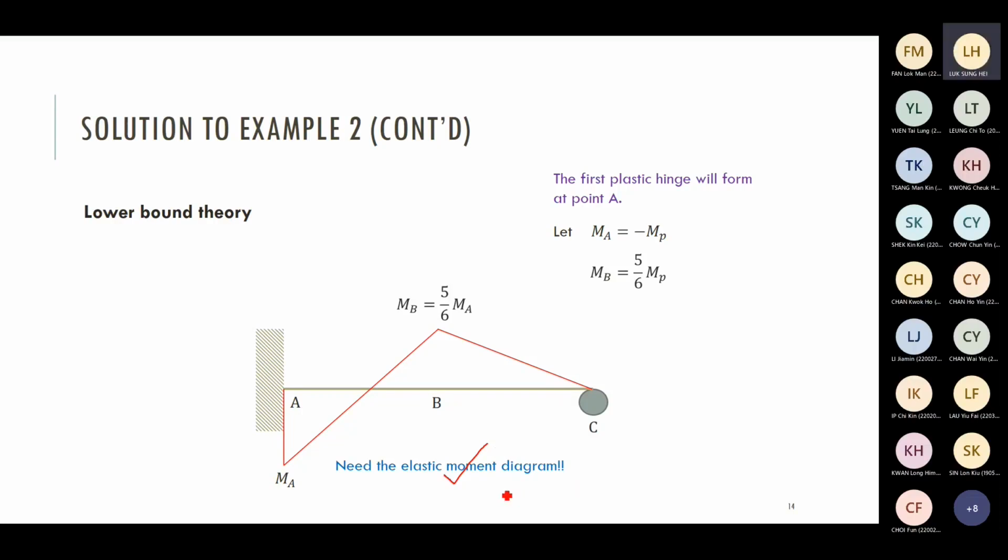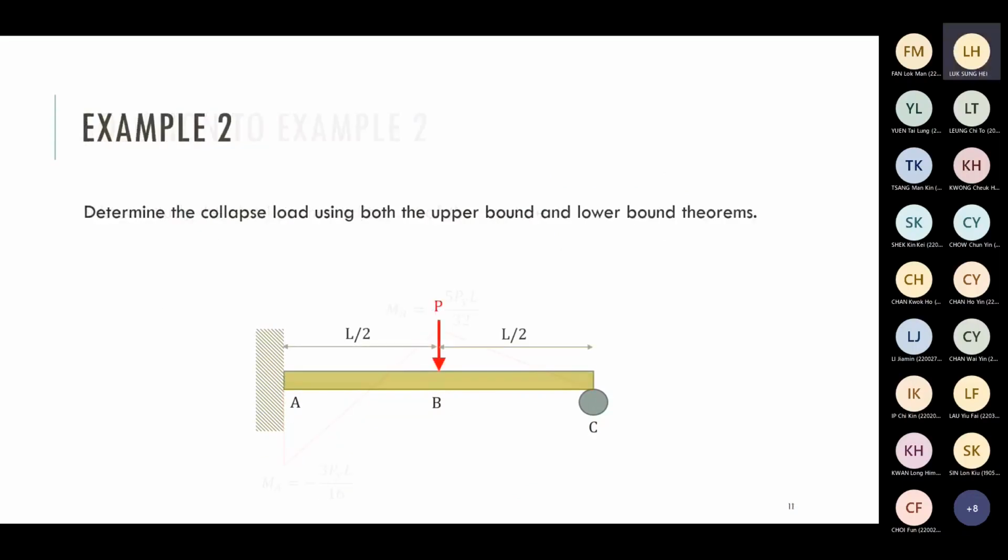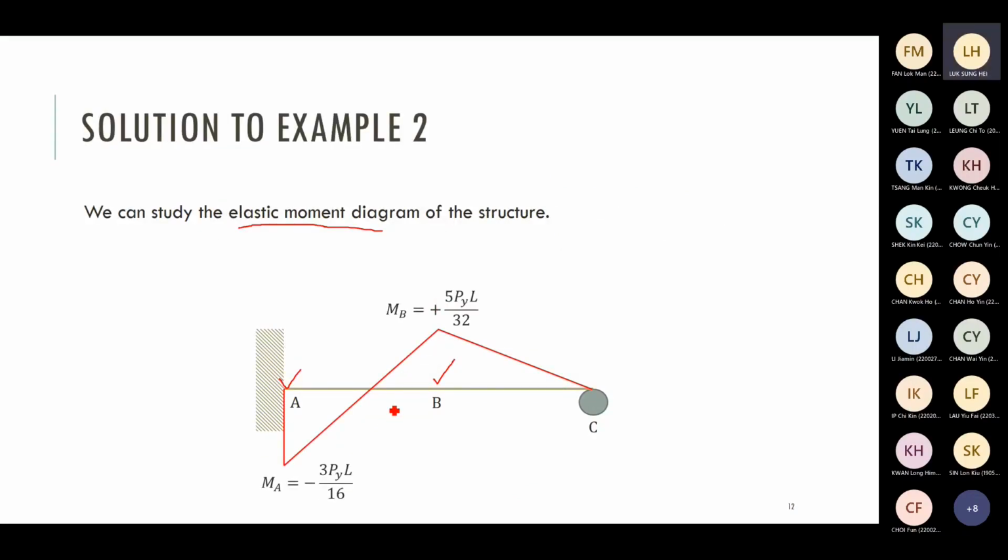I gave the moment diagram at the beginning, on page 12. And when you read the values, you can see that maximum moment occurred at point A. That means plastic hinge will form firstly at point A. So this value, MA, is also equal to MP, maybe with a negative sign.